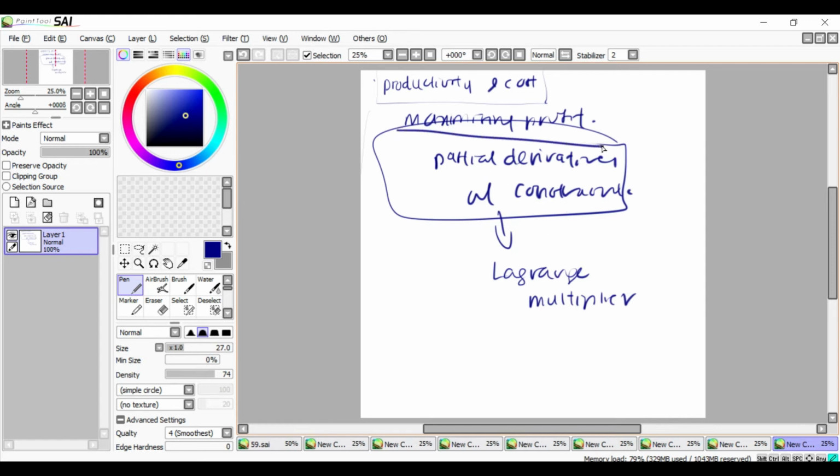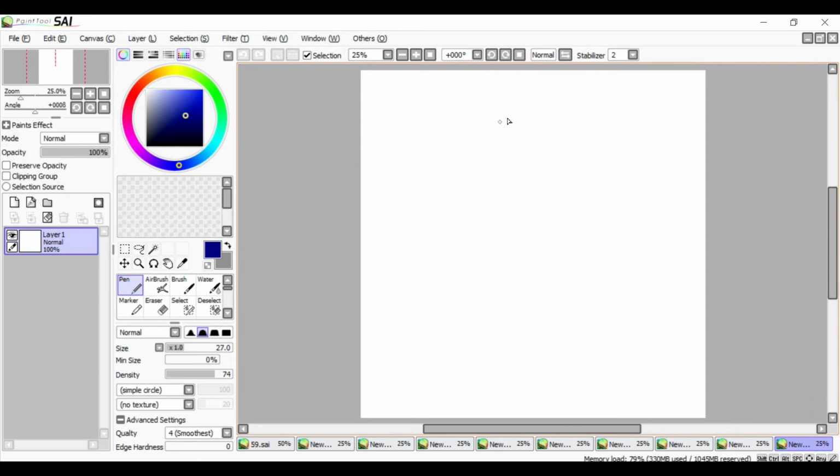So now we're going to be looking at maximizing profit. Alright, so let's say we've got burgers A and burgers B, and their profits are $2, $3 respectively.